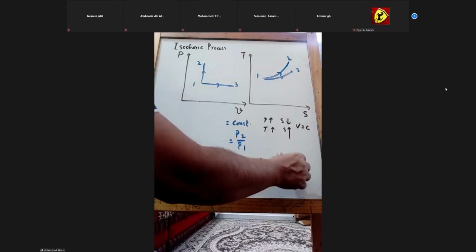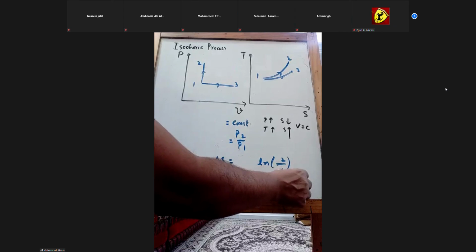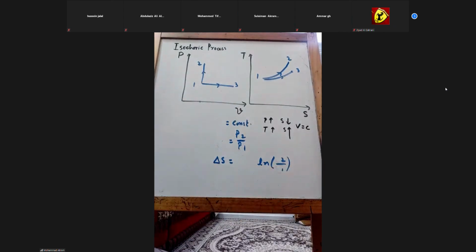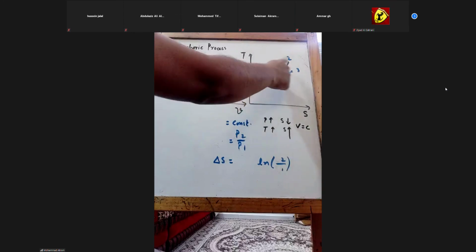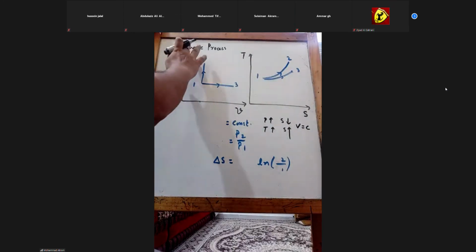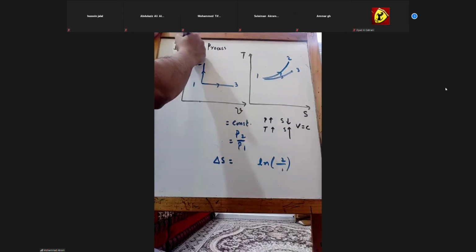Now next process is say isothermal process. Have you understood this? You have completed drawing 1, 2, 3 and this one. Yes, doctor. Okay. Now isothermal process.